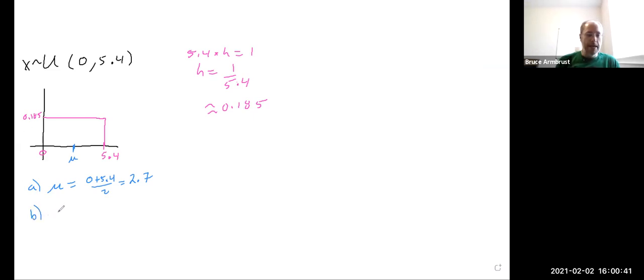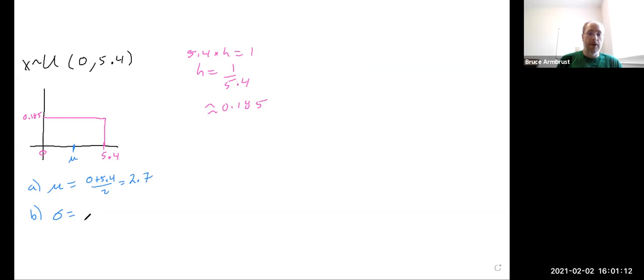So now part B, we want to get the standard deviation. All right, so how do we calculate the standard deviation for a normal distribution? Or sorry, not a uniform distribution. All right, this one's not as easy.